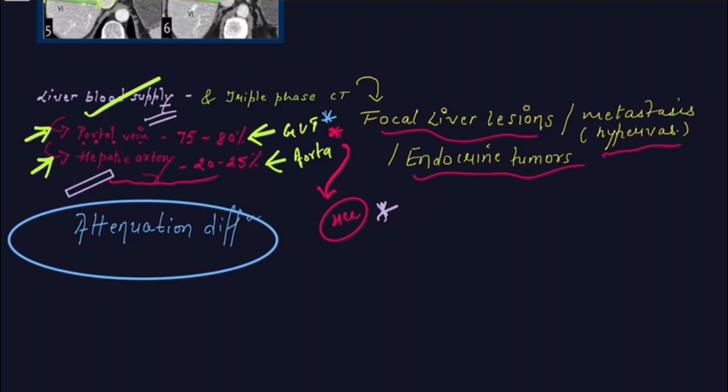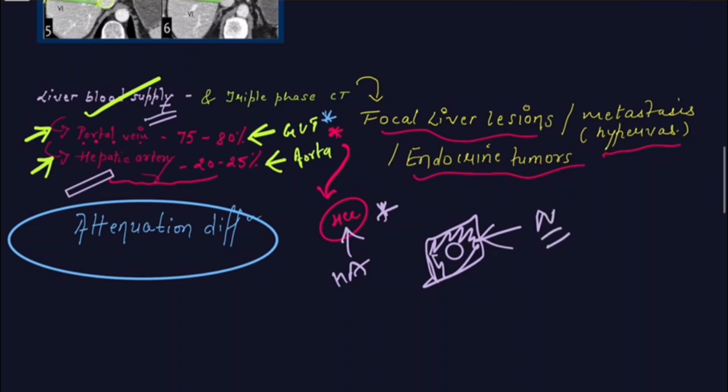We all know that a lesion is visualized only because of the attenuation difference between the lesion and the background parenchyma. So the majority of liver tumors like HCC get their supply from the hepatic artery, but the liver is mainly supplied by the portal vein. This difference in blood supply forms the basis for the triple phase CT.